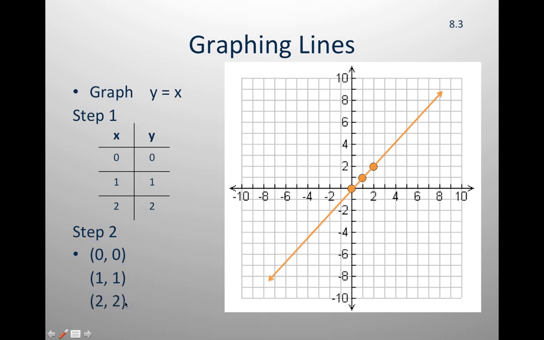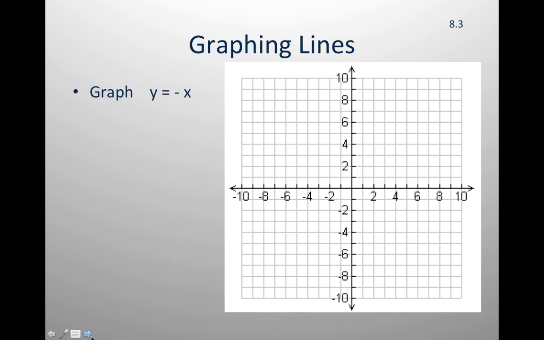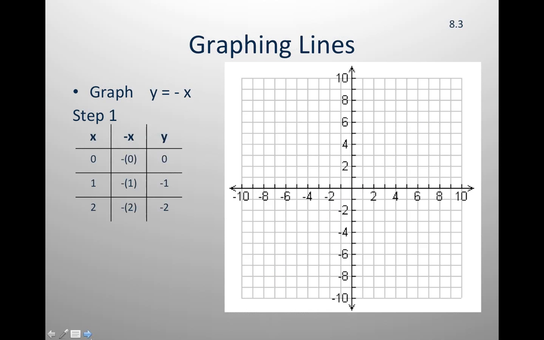Now as we draw our line, if we look across this graph, we'll see that the points are pretty consistent. Okay, our next problem, we're asked to graph. We're saying that x and y are the opposite of each other.